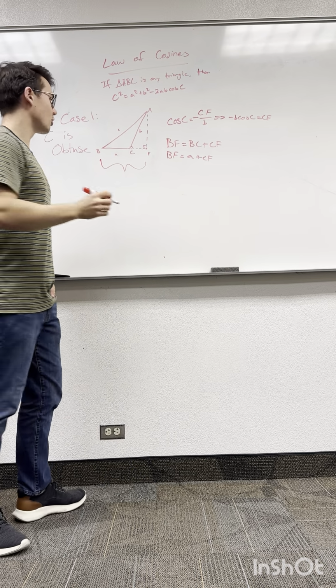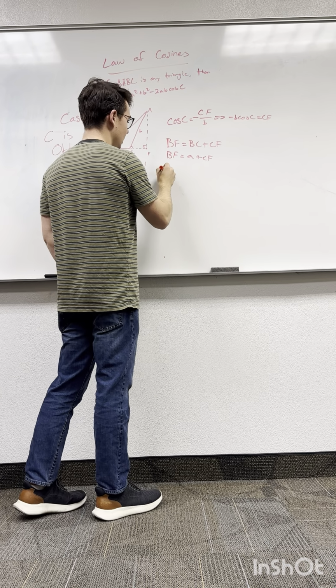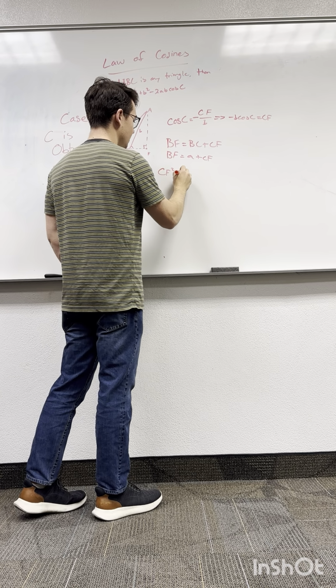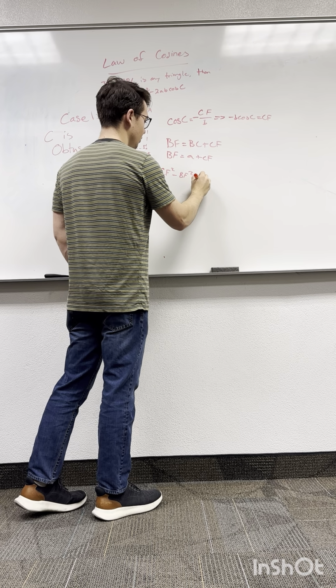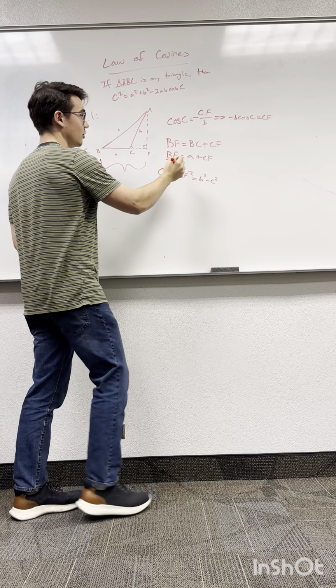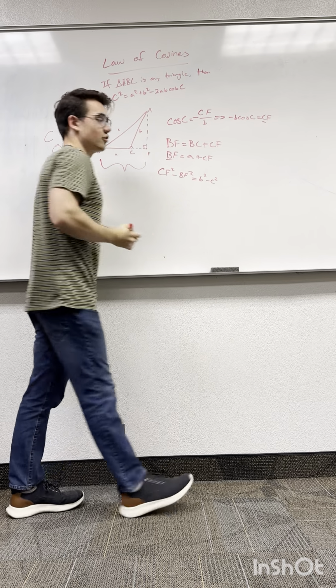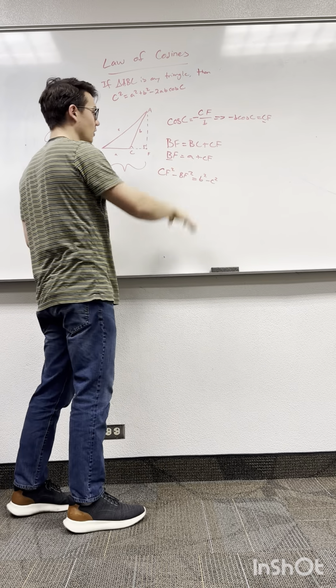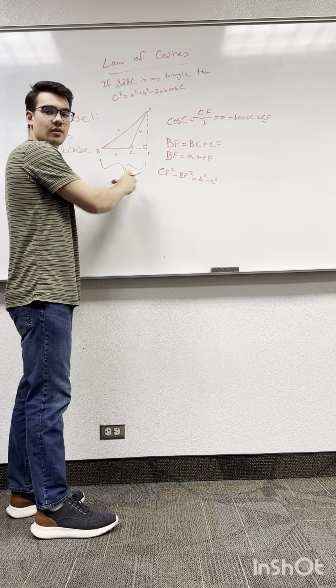And now, if you recall the crazy fact that we had, that CF squared minus BF squared is equal to B squared minus C squared, we now, again, have a definition for BF and a definition for CF. So I'm going to erase all of this, and we're going to work with the new polynomial.